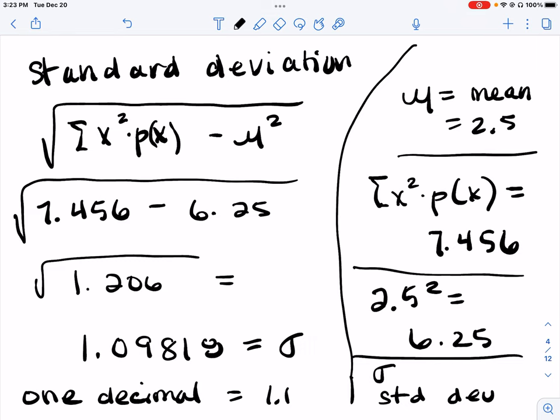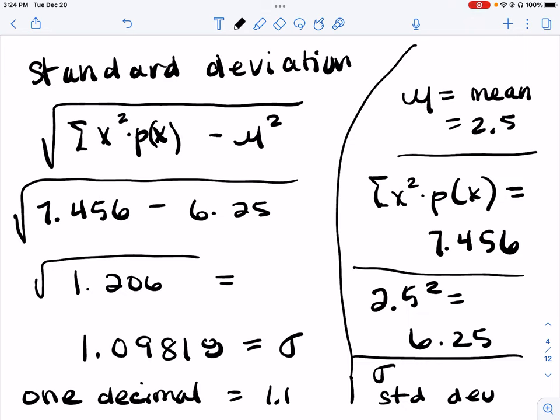Okay, and then the standard deviation is this formula. So we're going to take the square root of something. That first thing, the sum of x squared times P of x, that's the 7.456 we just found. Then you subtract the mean squared. That curly looking m is the Greek letter mu, and we use it for the mean.